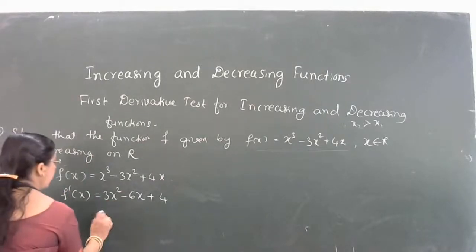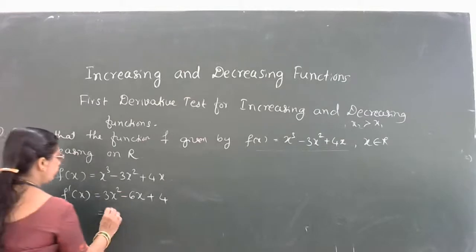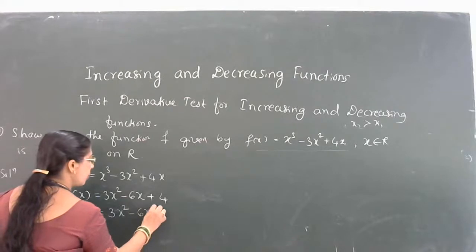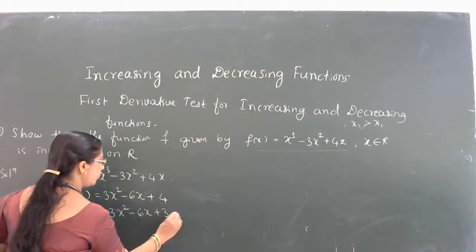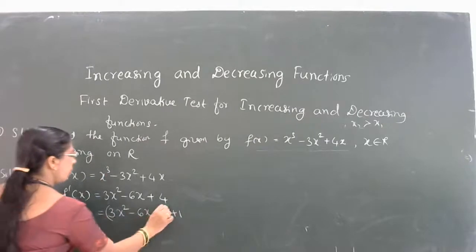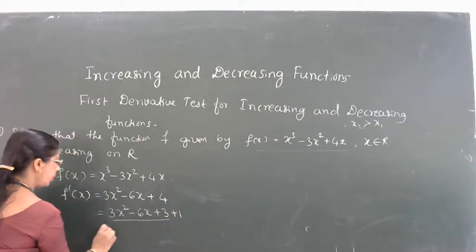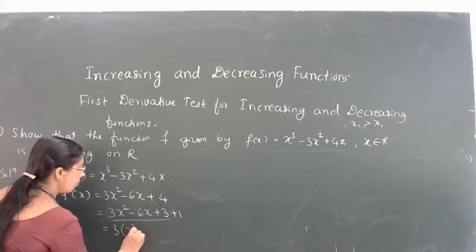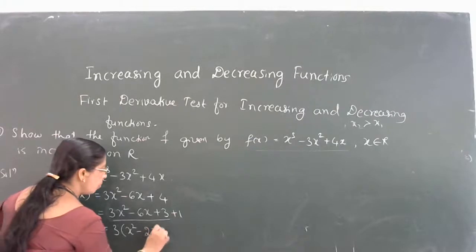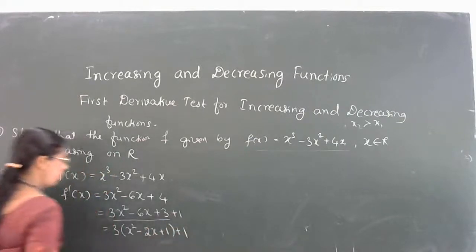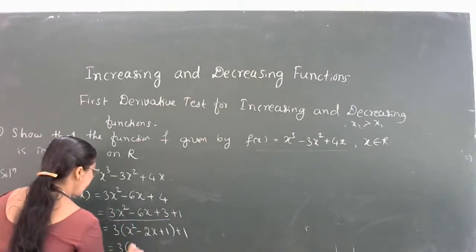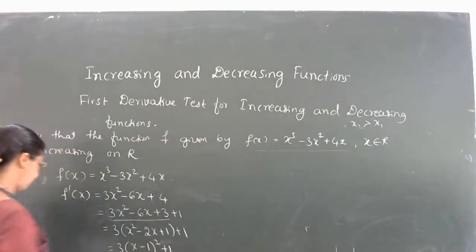Then here we can write this as 3x square minus 6x plus 3 plus 1. Taking common 3, I write this like this: x square minus 2x plus 1, which is equal to 3 into x minus 1 whole square plus 1.